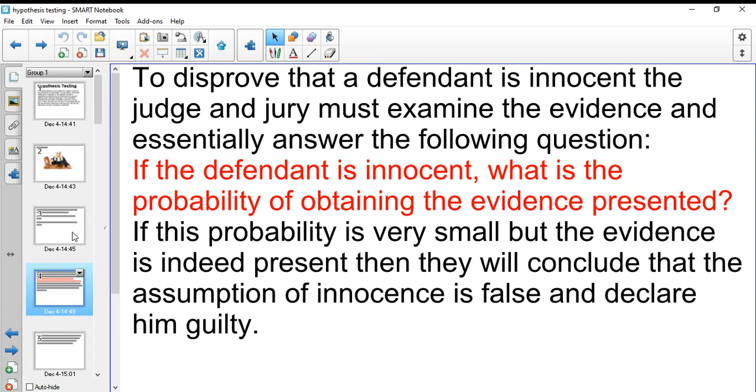If the defendant is innocent, then you would expect that there will be zero chance of finding any evidence, or a very small chance of finding any evidence. But if that probability is small and yet evidence has been found, then the defendant must be guilty.